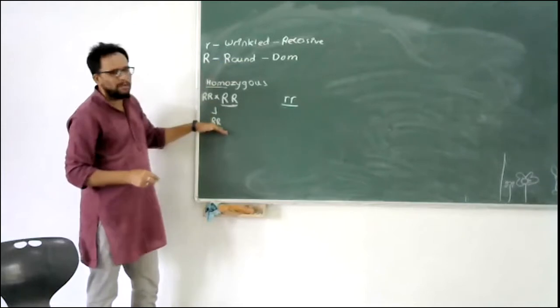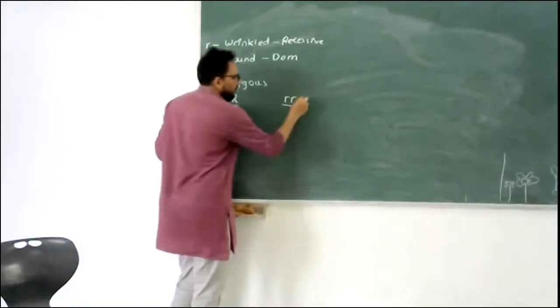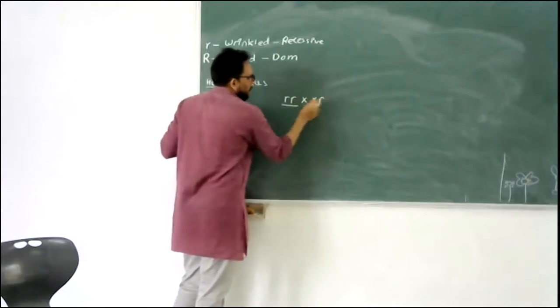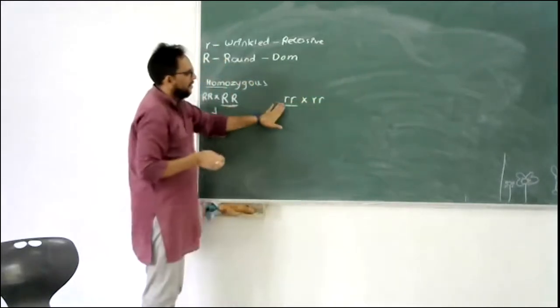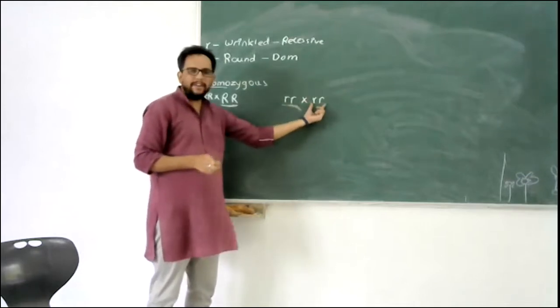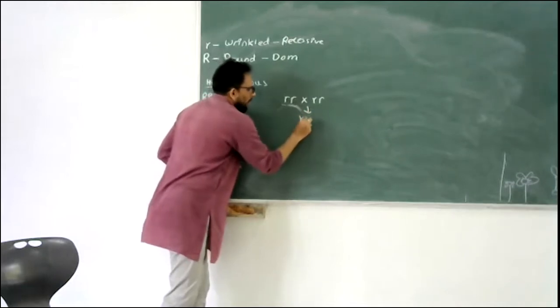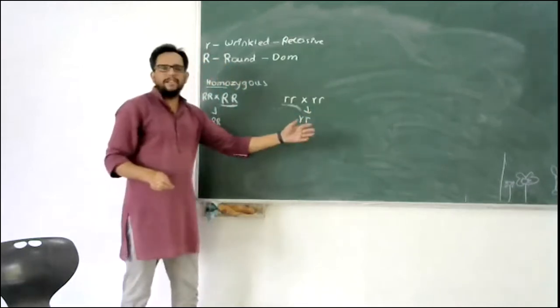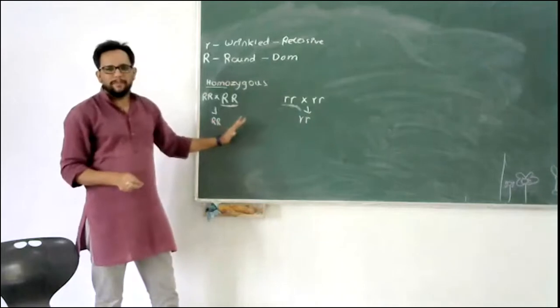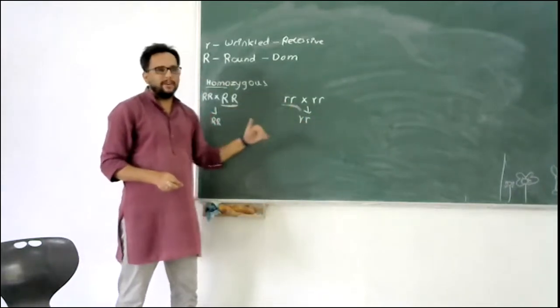It will never produce a wrinkled seed. Same goes here. When this rr is crossed with the same allele, all are wrinkled seed here. Their offspring will always produce the wrinkled seed. They will never produce the round. That is what is meant by the purest breed.